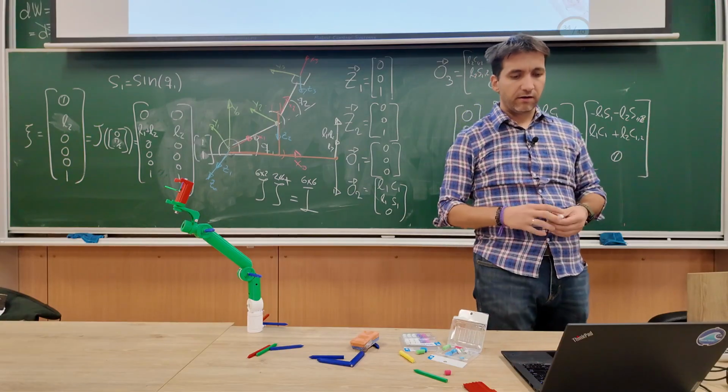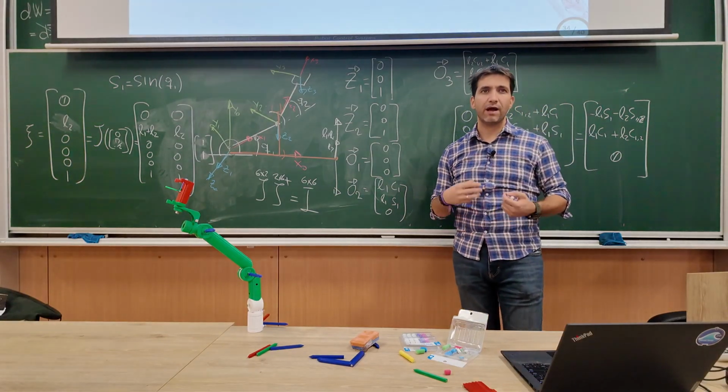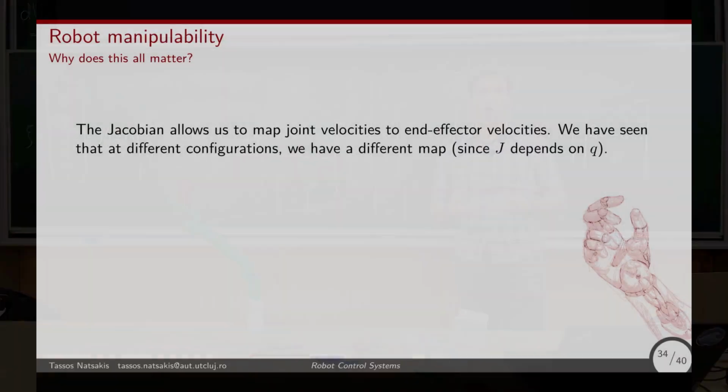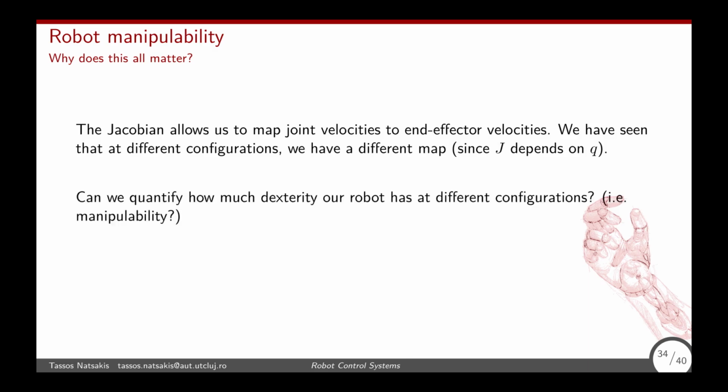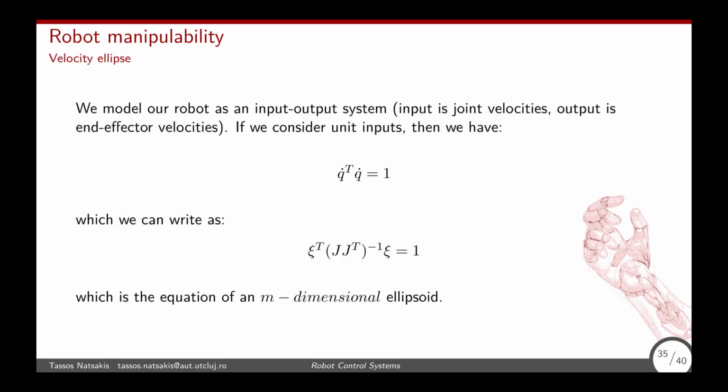Now the last thing that we'll see is a way to calculate how much freedom the robot has in different configurations. This is something we call manipulability. So how much can we manipulate the degrees of freedom of the robot? I'm going a bit fast for this because it's mainly for reference.